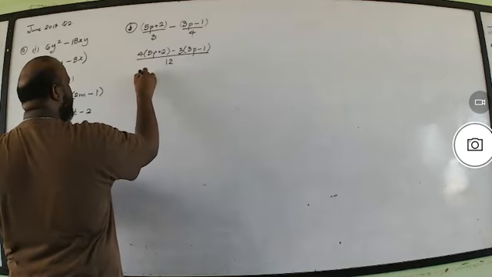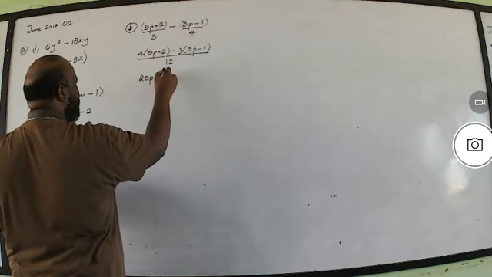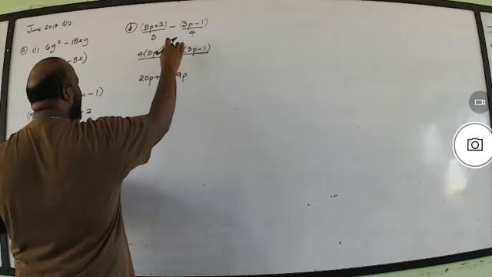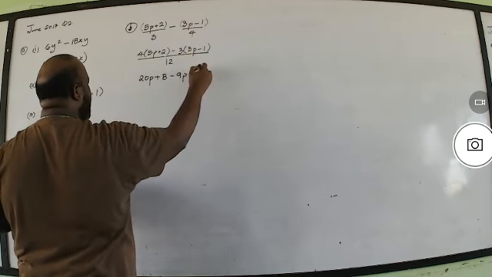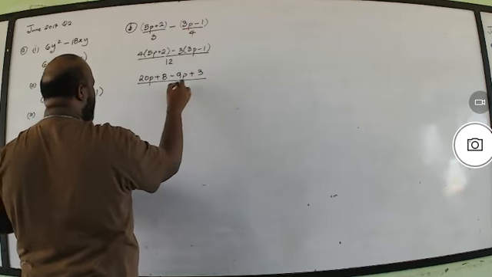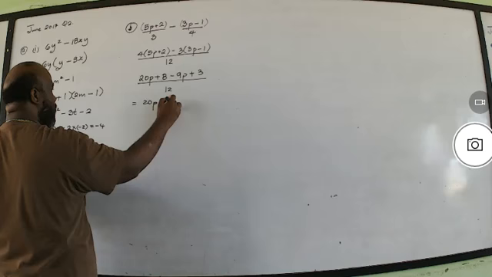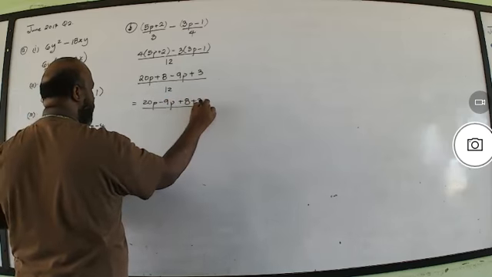4 times 5p, 20p. 4 times 2, 8. 3 times 3p, 9p. A negative times a negative is a positive. 3 times 1, 3. This is all over 12. Like terms: 20p minus 9p plus 8 plus 3 over 12.